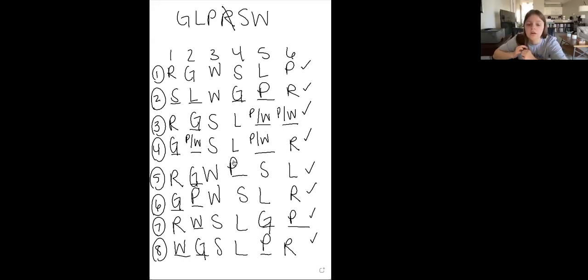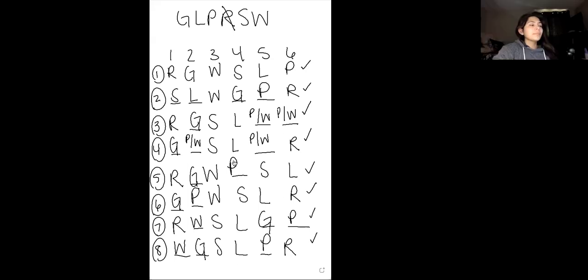So yeah, go through rule number 2 and make sure, or I guess tell me which one we're going to cross out because it's violating rule number 2. Okay. So R can only go in hanger 1 or 6.